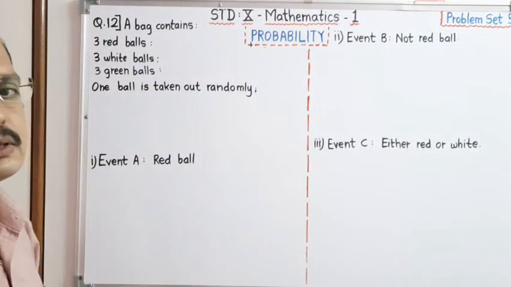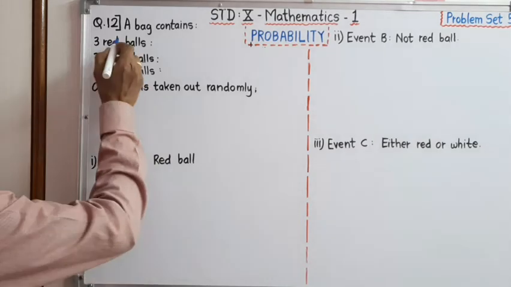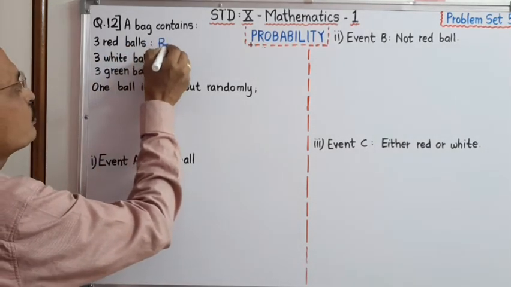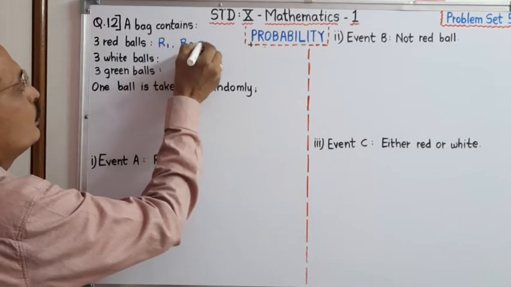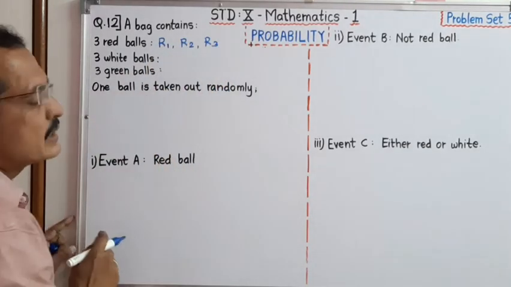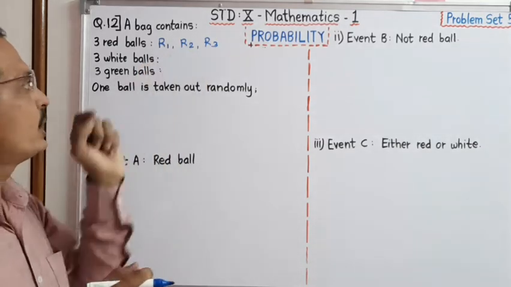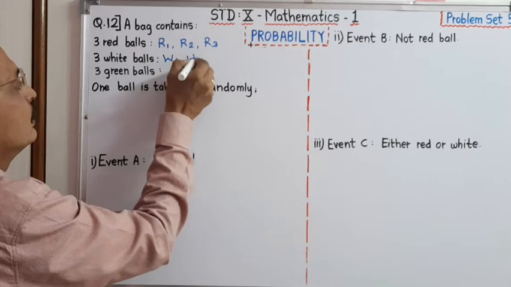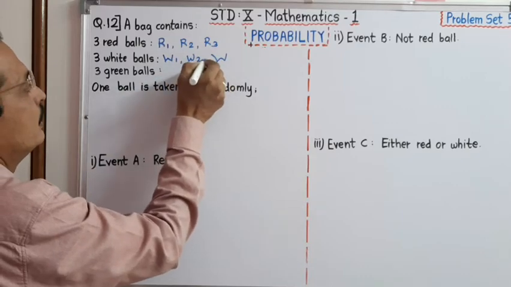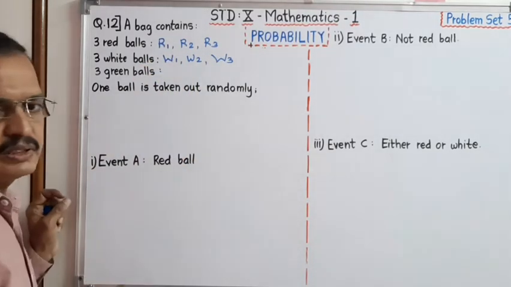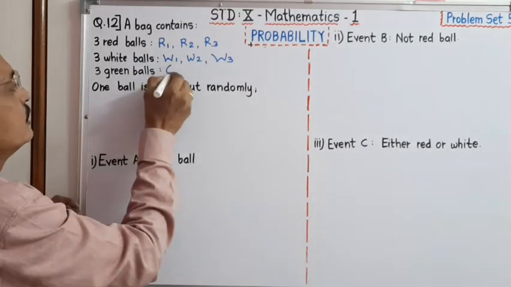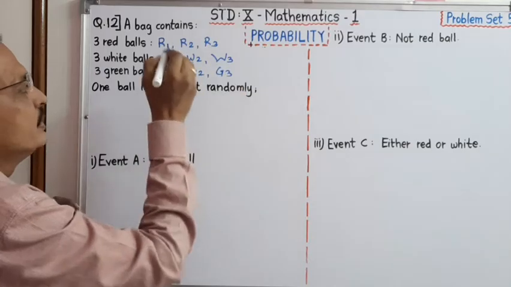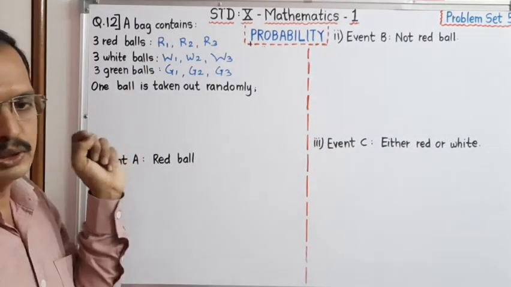Dear student, see, first of all, a bag contains 3 red balls. That means let the 3 red balls be R1, R2 and R3. The 3 white balls are W1, W2 and W3, and G1, G2 and G3 are the 3 green balls.